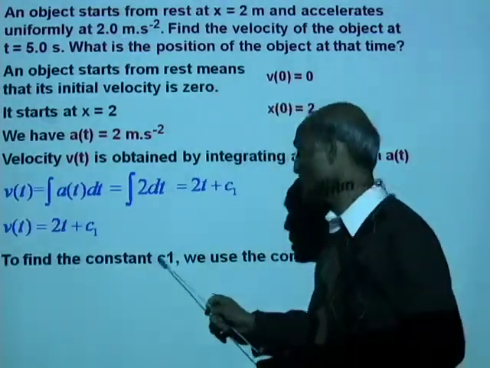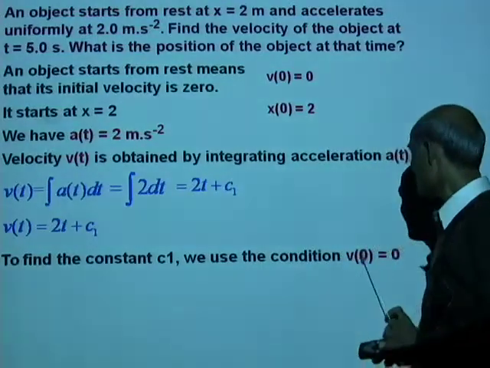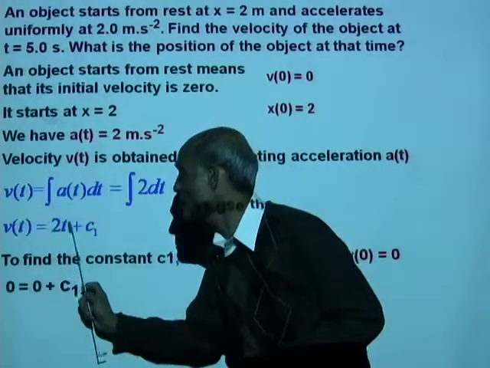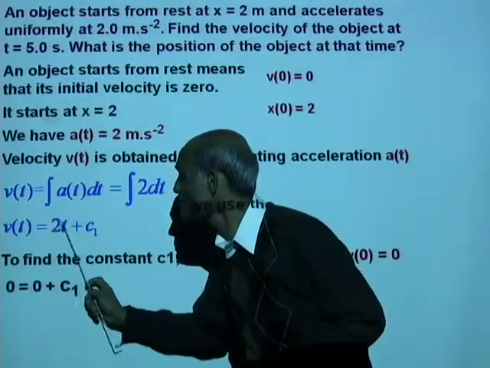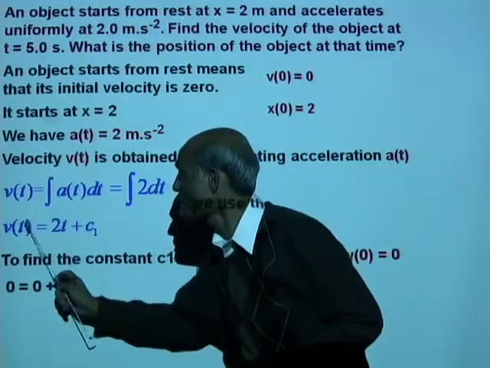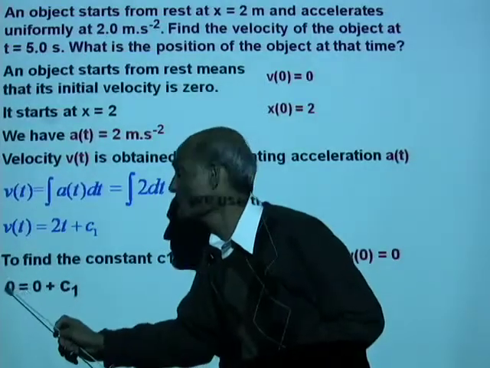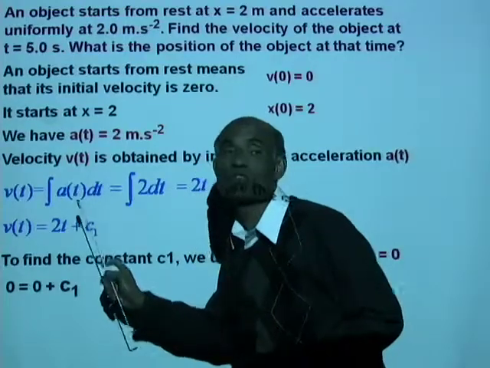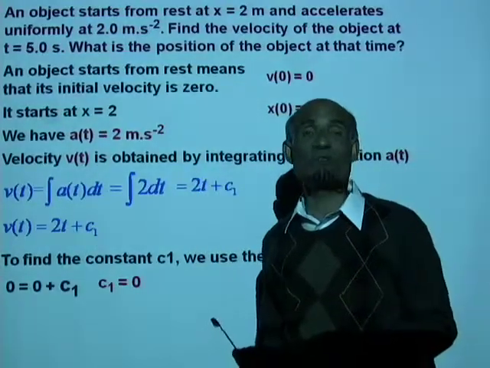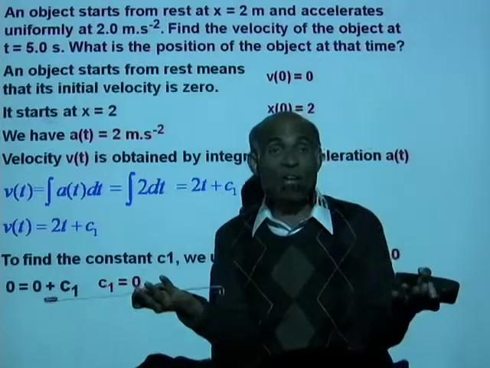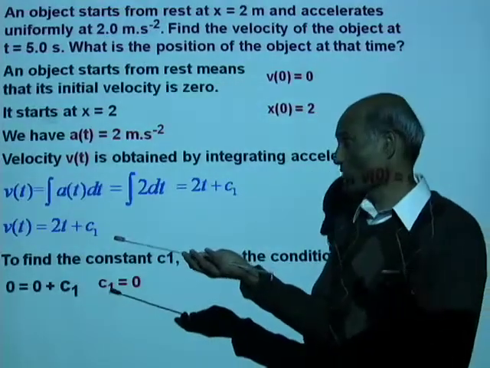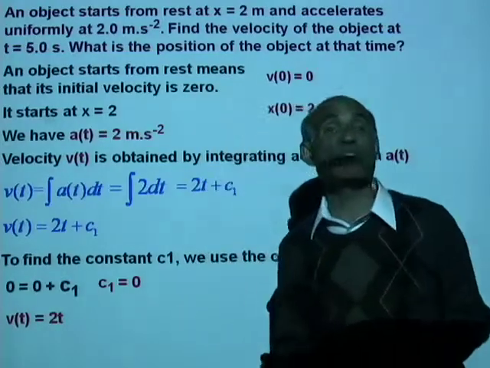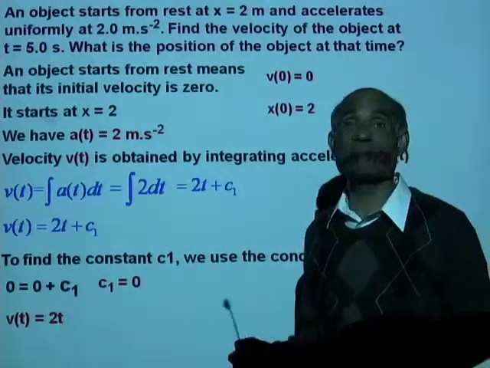So to find the constant c1, we use the condition v0 equals 0, and that tells me when t equals 0, 2t is 0, and at that time the velocity is 0. We get 0 equals 0 plus c1, so the value of c1 is 0. So we settle there, we have no worry. Alright, so what is the velocity function now? Our velocity function is v of t equals 2t.